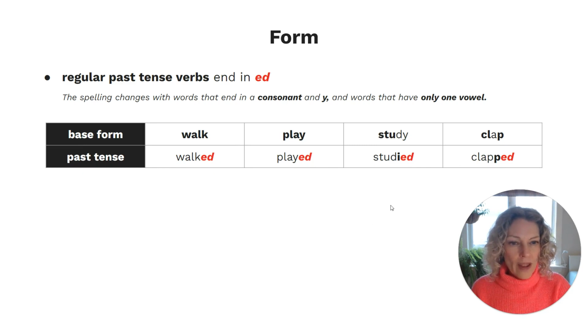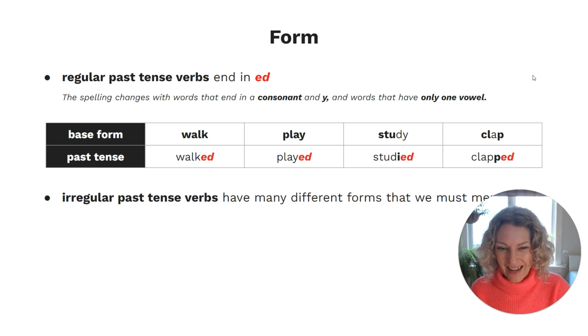If the verb ends in a consonant and y, then you need to take away that y and add an i instead, and then the ed. And if the verb only has one vowel in it, then you need to double the consonant before you add the ed. But again, they all end in ed. So that's pretty easy, right?